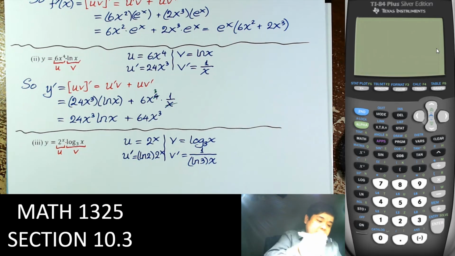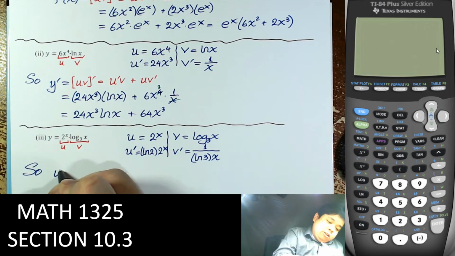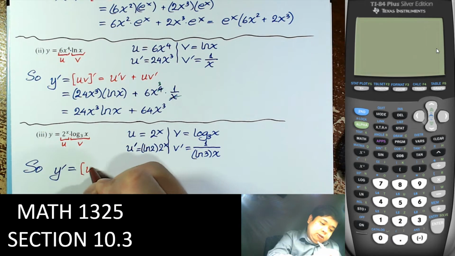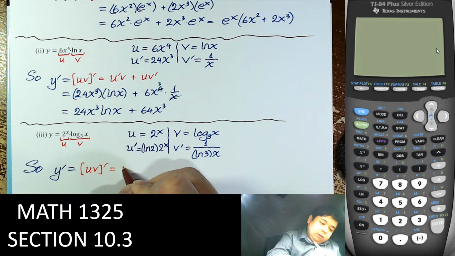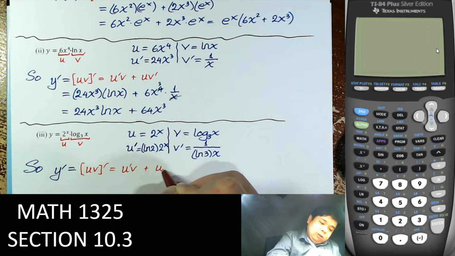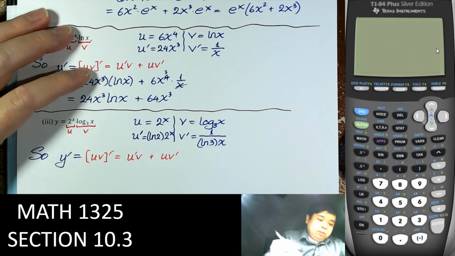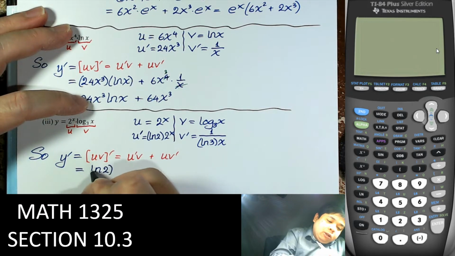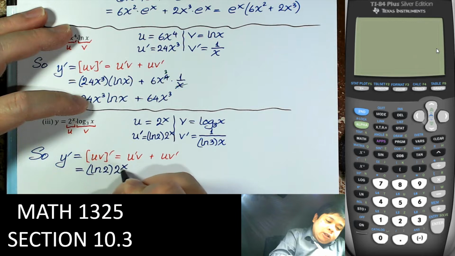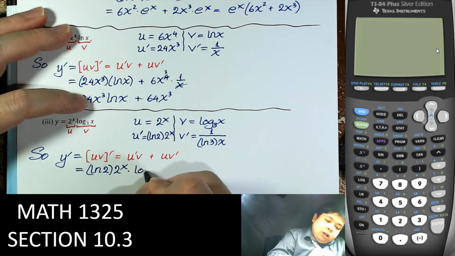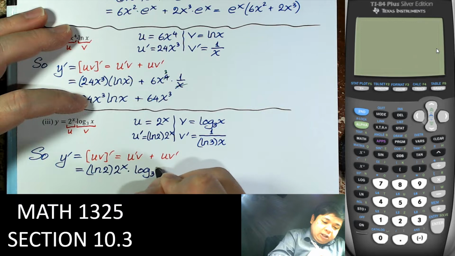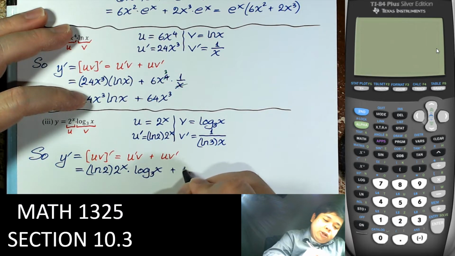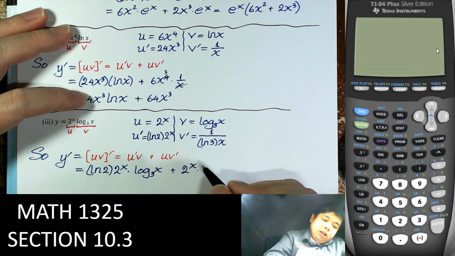Right, and then the product rule. U prime, ln of 2 times 2 to the x, times log base 3 of x, plus u, 2 to the x, times v prime.